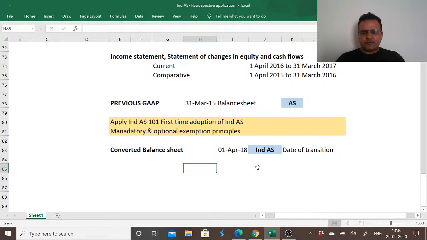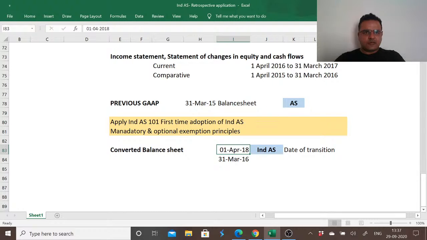So once we have the 1st April 2015 balance sheet, automatically the balances get carried forward, and they are based on Ind AS. 1st April 2015 is the date of transition according to our example. 31st March 16 and 31st March 17 are automatically based on Ind AS.